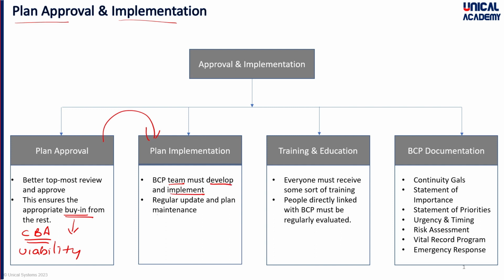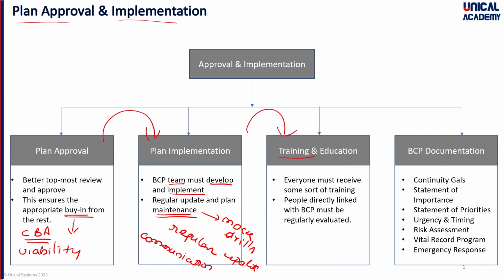In this, the critical aspect is maintenance. Maintenance of the BCP plan focuses on mock drills, ensuring regular updates and right communication. Third and extremely critical is regular training. Training for every person involved or working in an organization is one aspect.